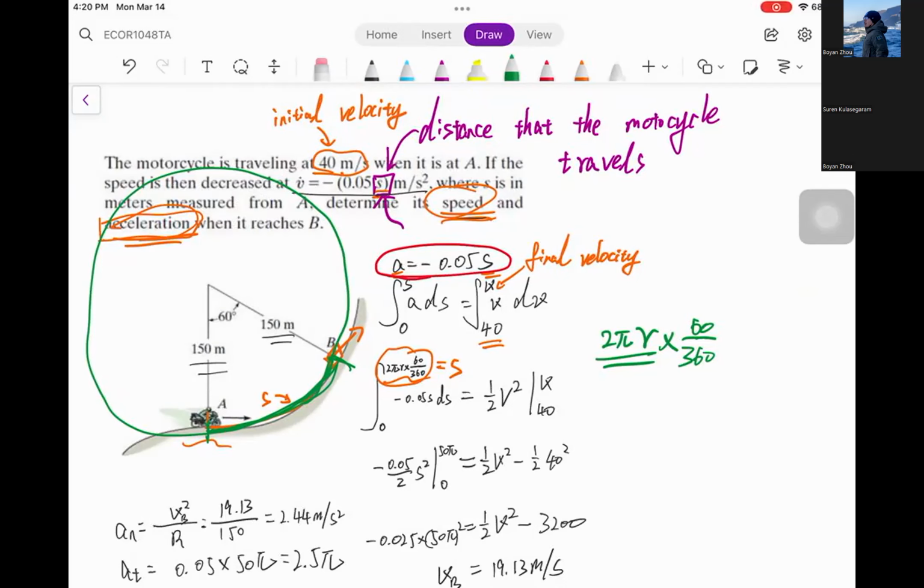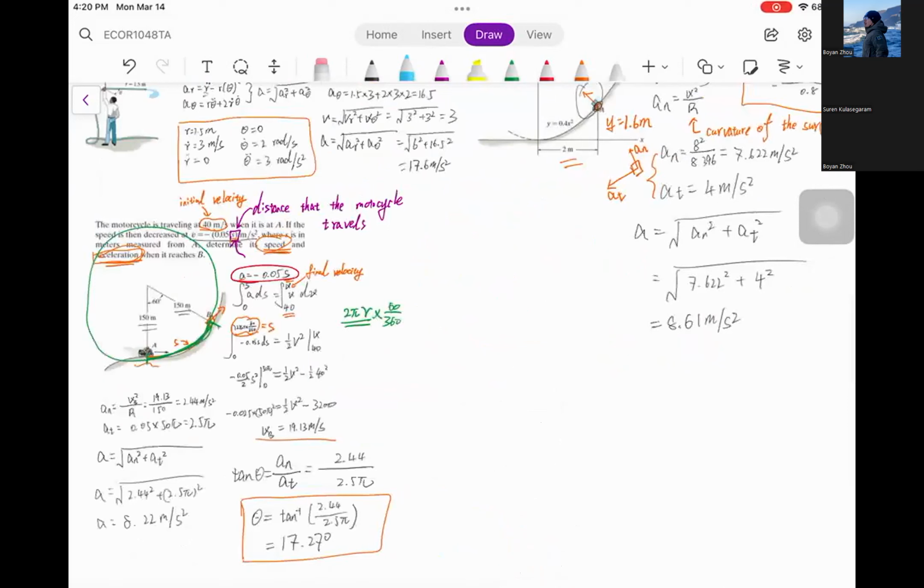Final acceleration is not the same as 2 pi over 360 times 150.